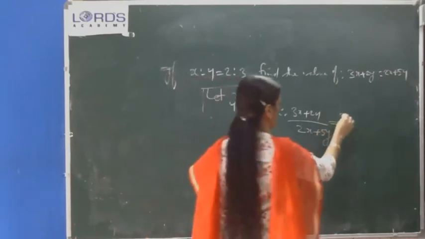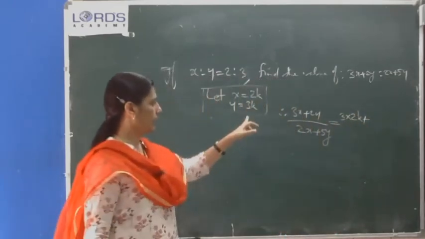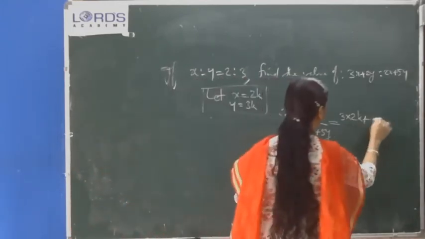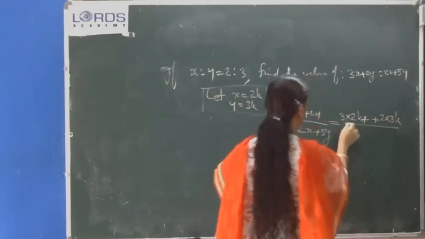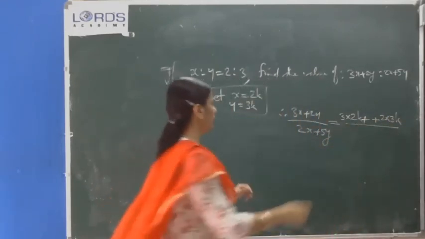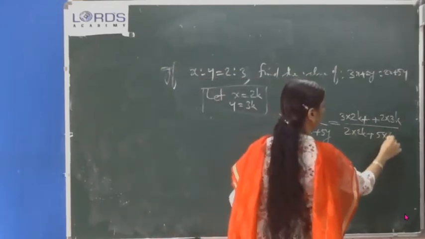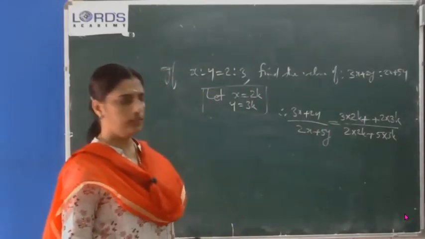Now instead of x I wrote 2k, instead of y I will write 3k. So 3 into 2k plus 2 into 3k whole divided by 2 into 2k plus 5 into 3k. And you tell me the answer. K's will be cancelled.